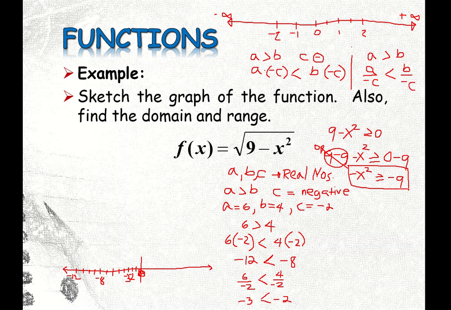Okay, so if you multiply or divide both sides by, say, negative 1, our purpose, class, is to make this positive because both sides are negative. So when you divide or multiply both sides by negative 1, this becomes x squared less than or equal to 9. Alright, so you have two values here for x, that is plus or minus 3.